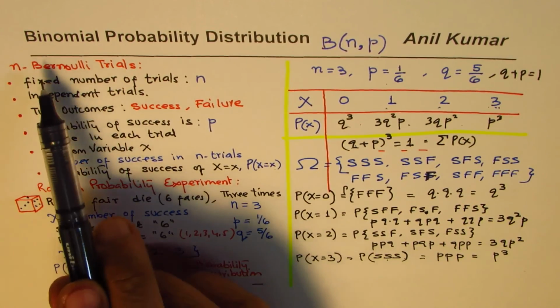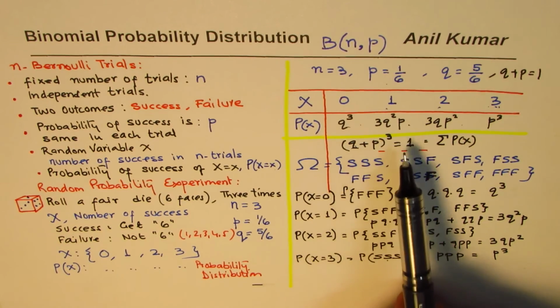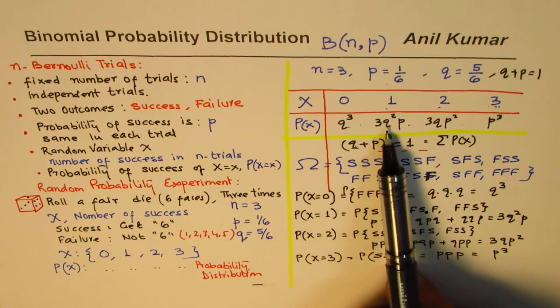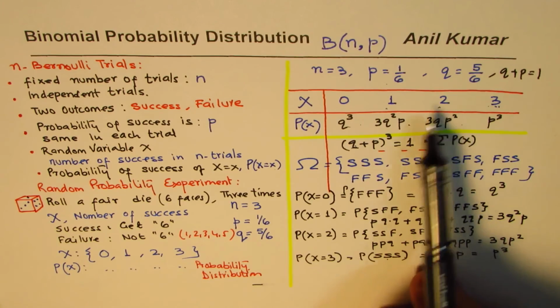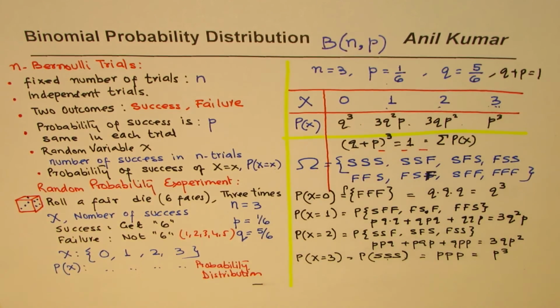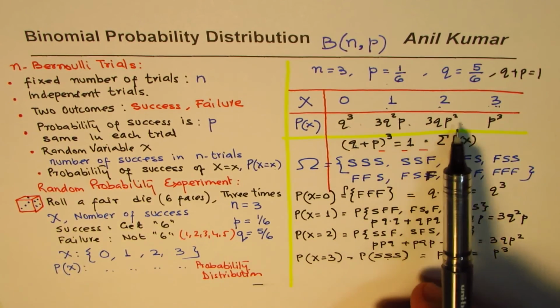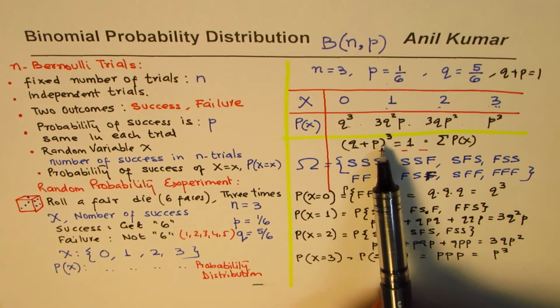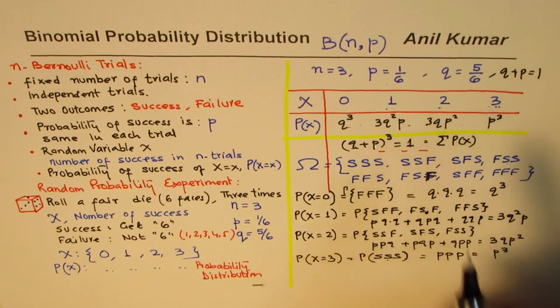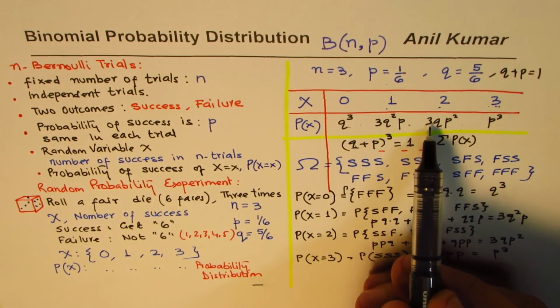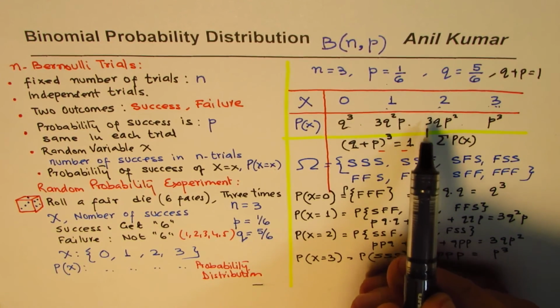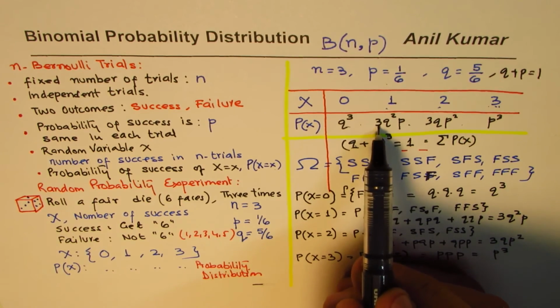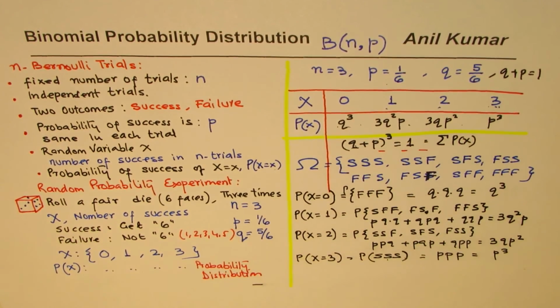So binomial probability distribution is named so because you could predict the probabilities of each number of successes directly. Do you see that? These terms are the binomial coefficients. So, for example, with n number of trials, we have nC0, nC1, nC2, and nC3, I should say.